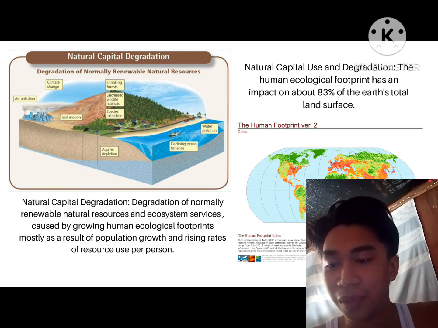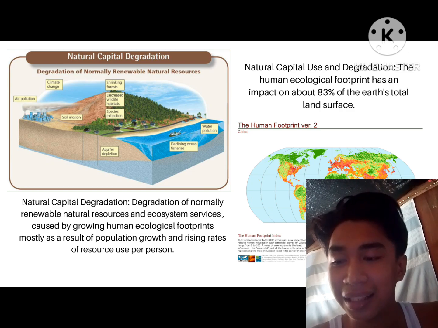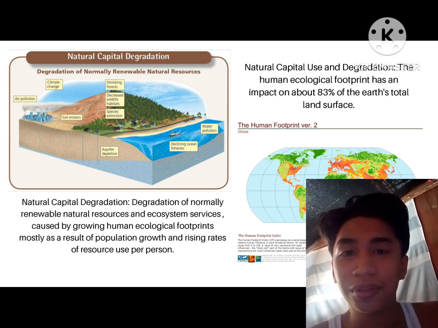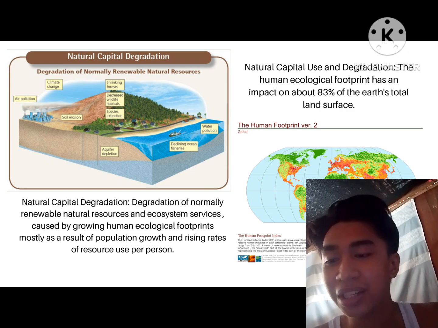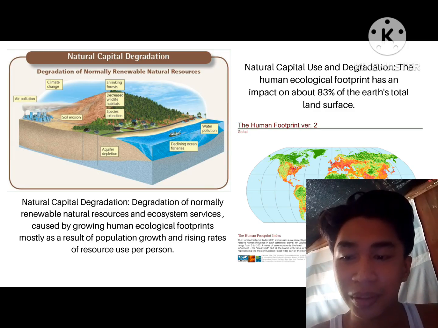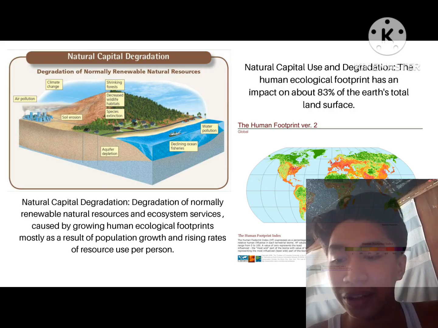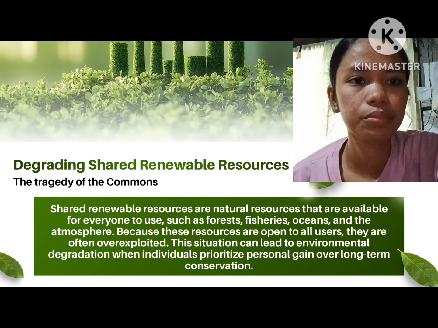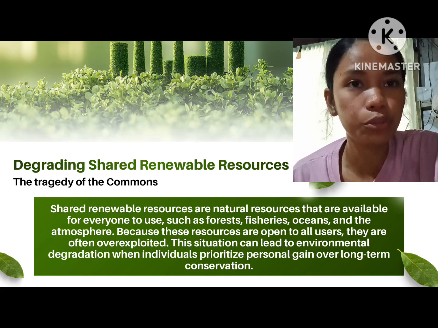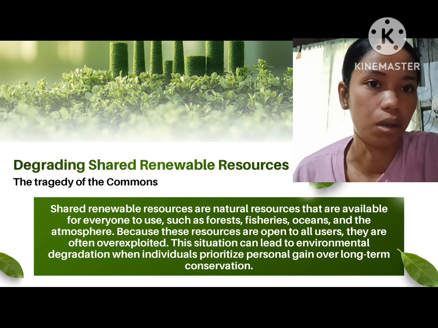So kuan pod ning magkadaghan ning tawo taas ning gikinahanglan nga resources kada tawo. So kuan mo multiply siya ang kuan magkataas ning ecological footprints kaning natural capital use and degrading shared renewable resources, or also known as the tragedy of the commons.